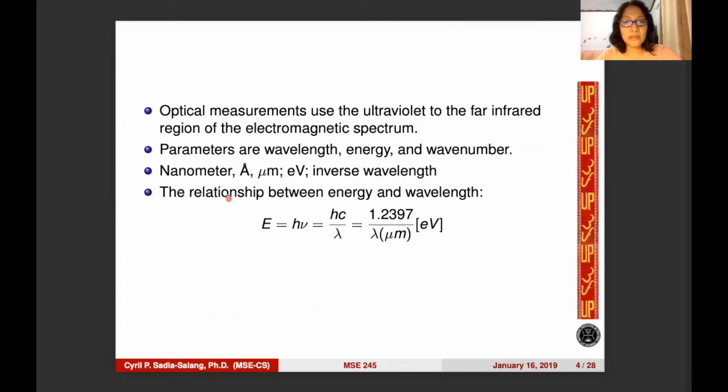The common units of measurement are nanometers, angstroms, and micrometers for wavelength, electron volts for energy, and inverse wavelength for wave number. The equation showing the relation between energy and wavelength is shown: E equals hc over lambda.